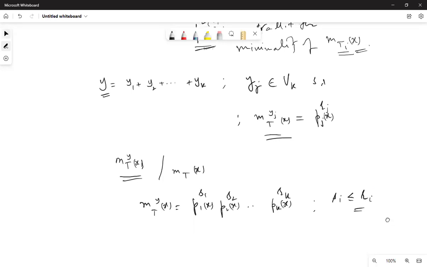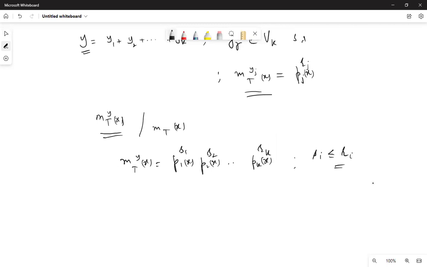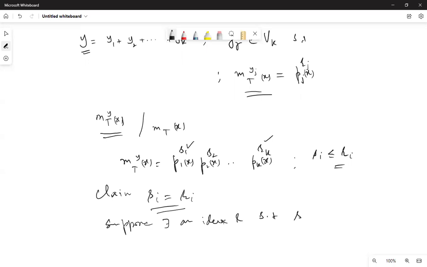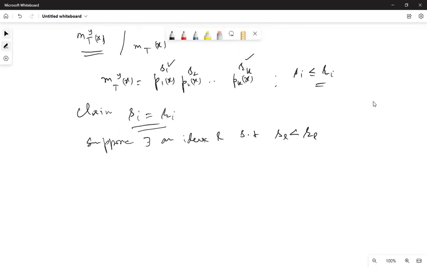I claim that these si's are none other than exactly ri's. Suppose there exists an index L such that sL is less than rL, then what happens?